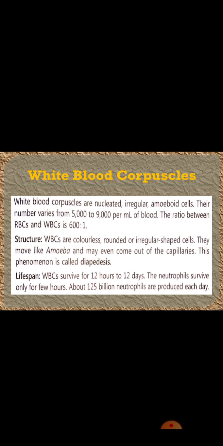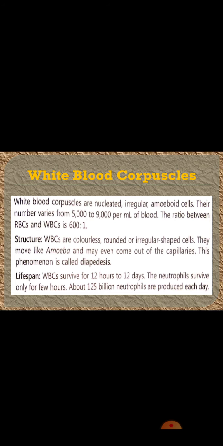WBCs, or white blood corpuscles, also known as leukocytes. White blood cells or corpuscles are nucleated, irregular amoeboid cells. The number varies from 5000 to 9000 per ml of blood. If we talk about structure, then WBCs are colorless.